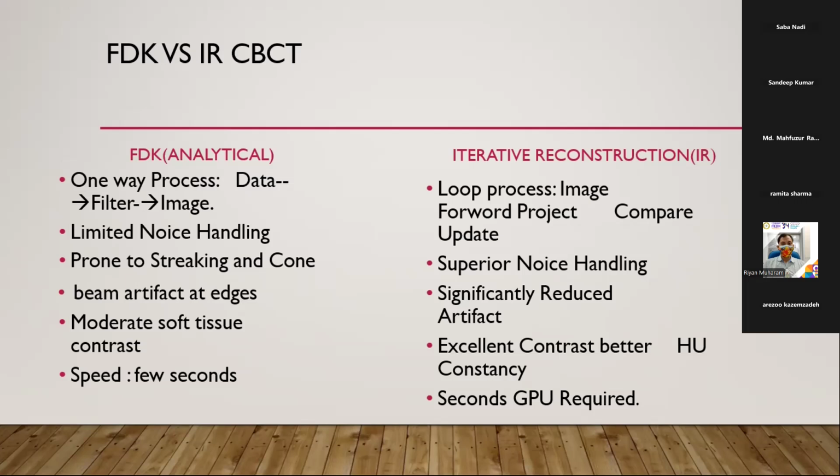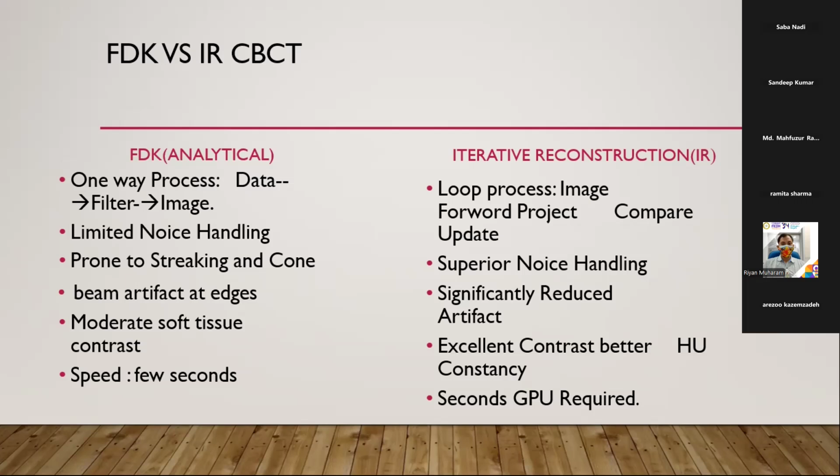FDK has a limited noise handling capacity, but iterative reconstruction is superior in handling noise. Beam artifacts at edges were observed in FDK, and in iterative reconstruction, significantly reduced artifacts were seen. Moderate soft tissue contrast was seen in FDK, but in iterative reconstruction, excellent contrast and better HU consistency.